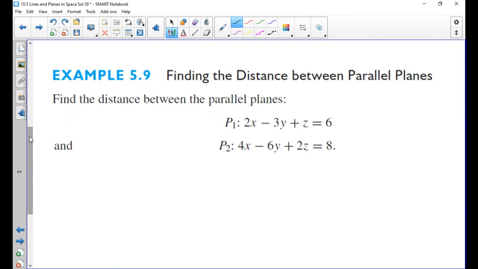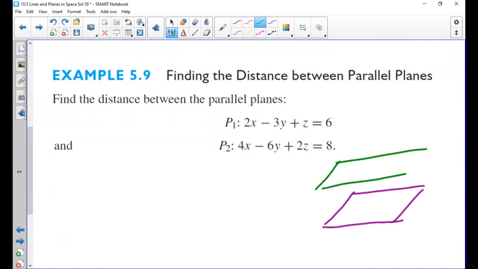So you have two planes which are parallel. One is here, and another one is here, and I want to find the distance from this one to this one. So I want to find this D here.